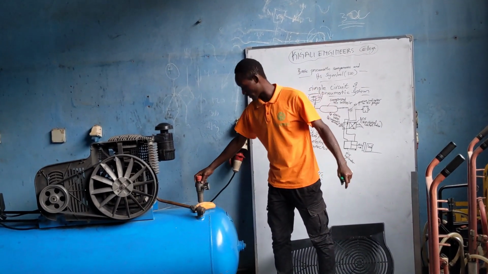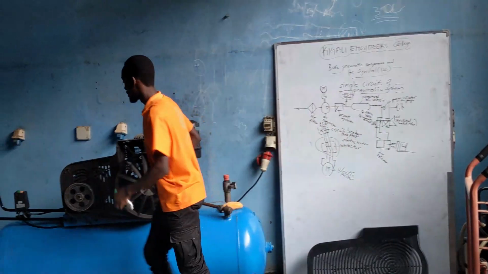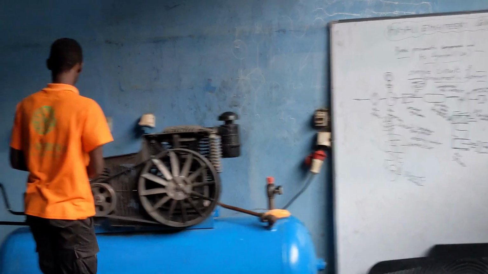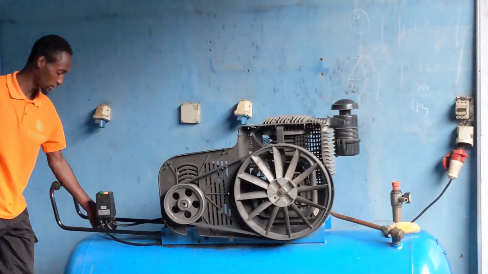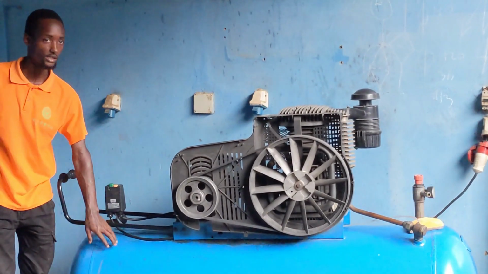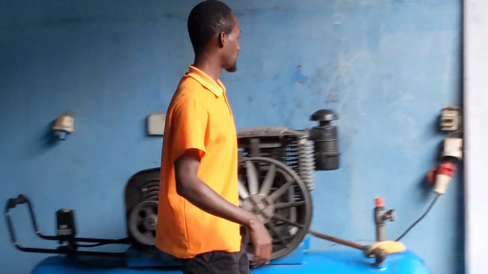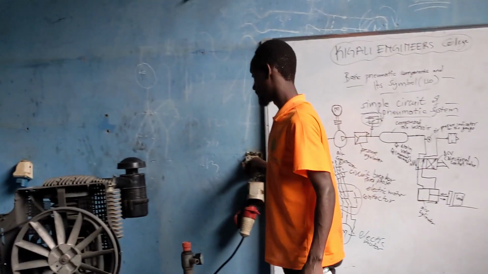This is the regulator. So this is the indicator gauge. Also there is an indicator gauge that indicates the pressure inside this reservoir. So let's turn on the compressor.